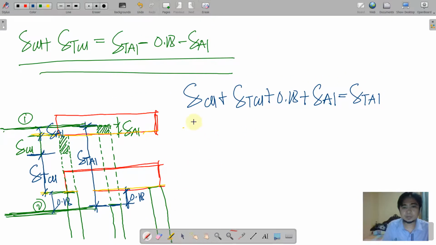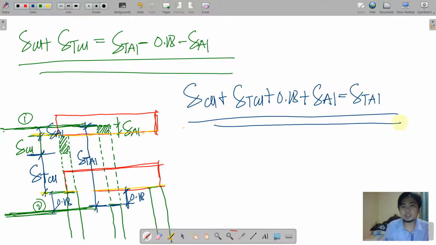If you would notice, the equation here is also the same as what you have derived here. Because if I transpose this to this, it becomes negative. And if I transpose aluminum here, it also becomes negative.